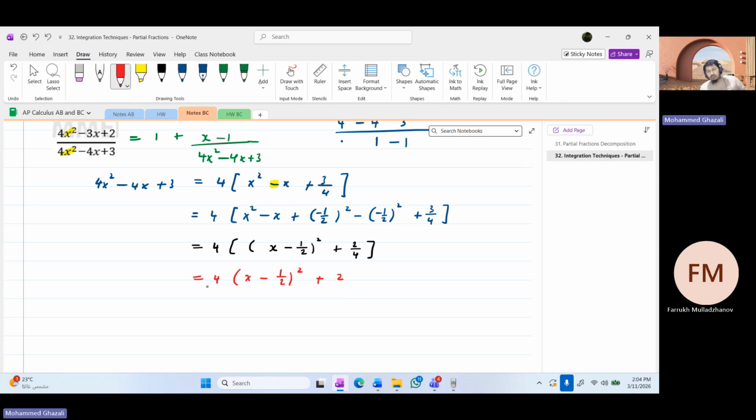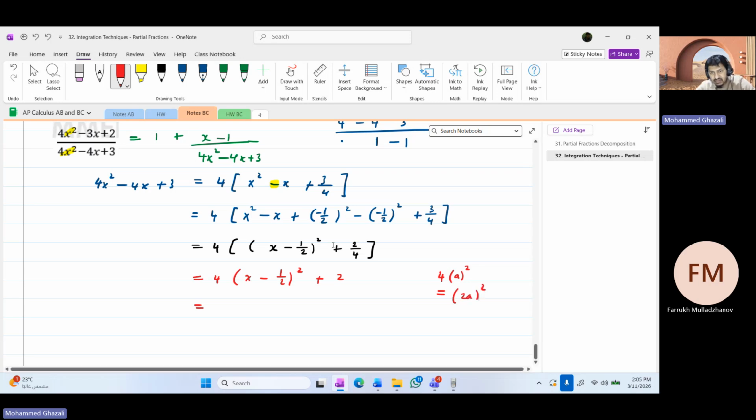All right, now I want to put the 4 back inside the square. If I want to put the 4 back inside the square, I'm going to take it as 2, right? See, if I have 4 times a squared, it's the same thing as putting the 4 back inside as its square root. So it becomes 2a all squared, okay? So that's the logic that I'm using here.